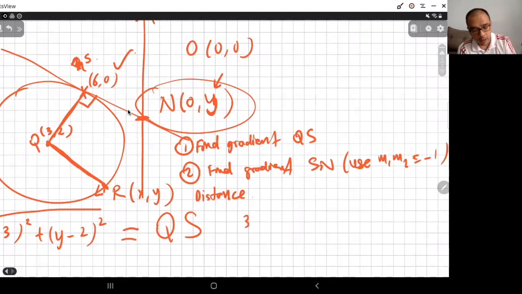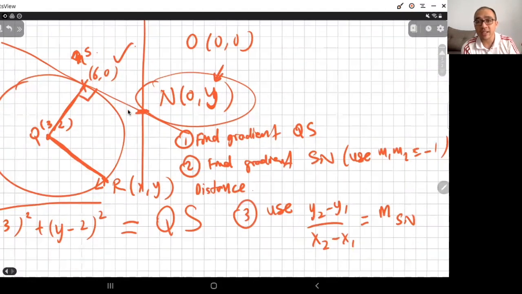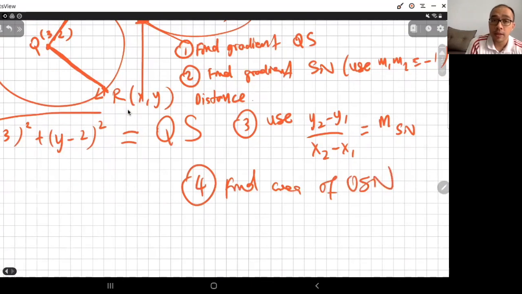Then use (y2 minus y1) over (x2 minus x1) equals the gradient of SN to find the y coordinate. And then finally, find the area of OSN. So it's a step-by-step process.